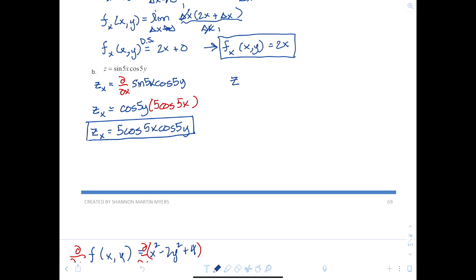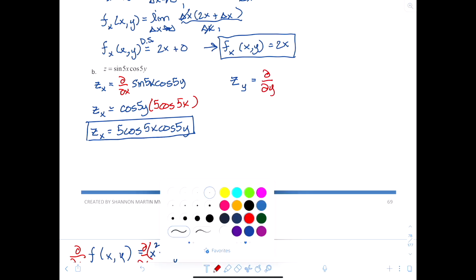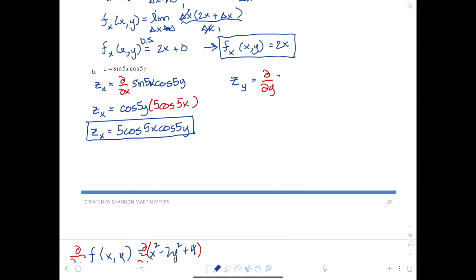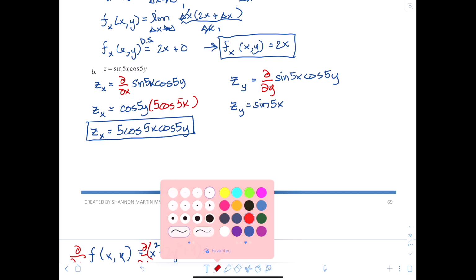the first partial derivative of z with respect to y. So now we'll have the partial with respect to y of our sine of 5x times cosine of 5y. So now the one that's treated as the constant would be the sine of 5x. And when I differentiate with respect to y the cosine of 5y, what will I get?